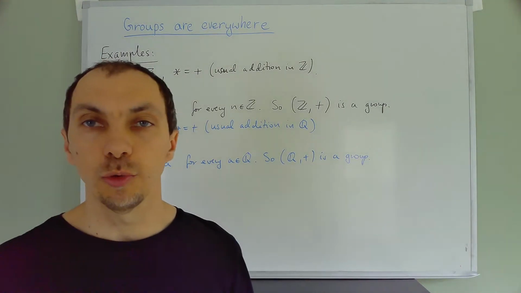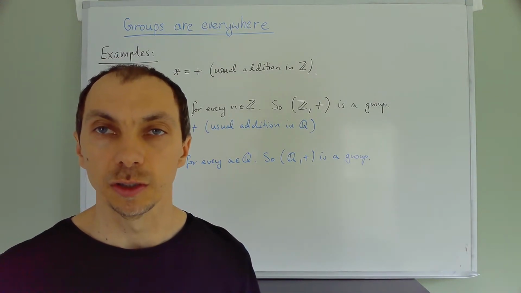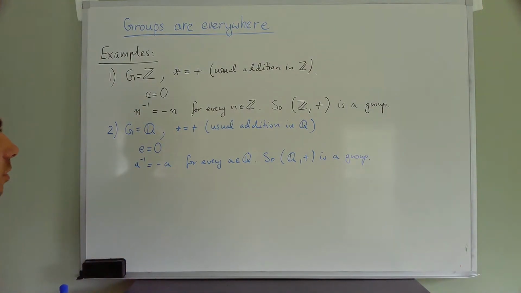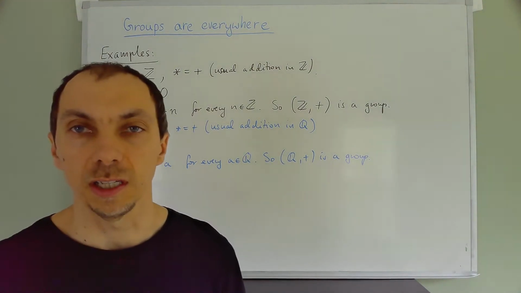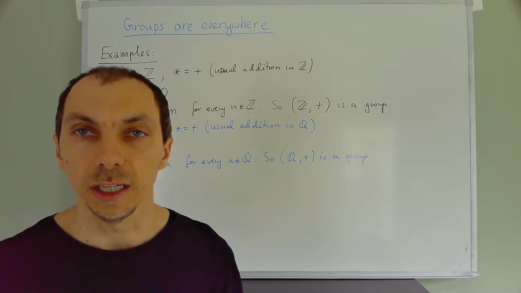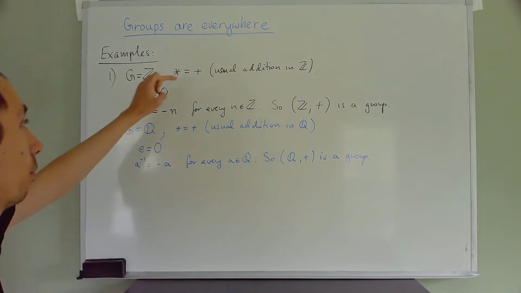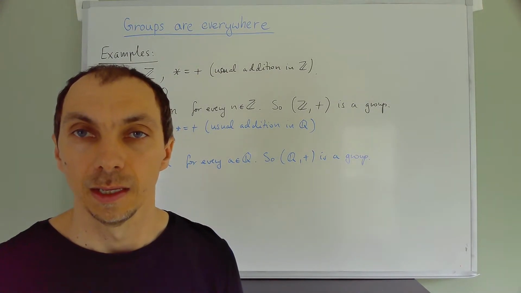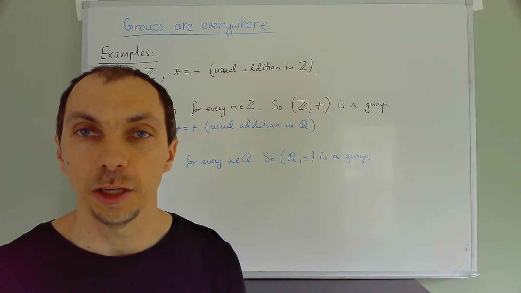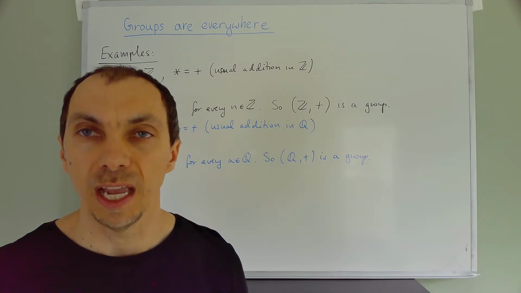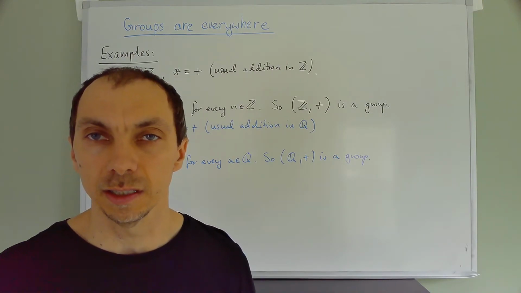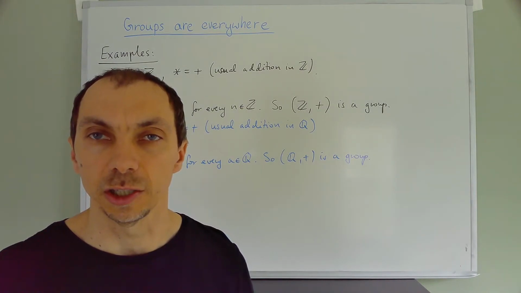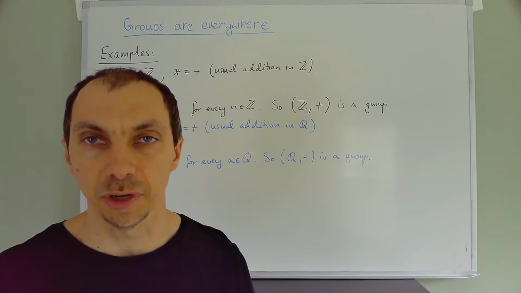Note that I'm completely ignoring multiplication in those rings. But if you look at these two examples, then you see there's nothing specific I'm using about Z or Q. Really, what I am using here is the operation addition, which exists in every ring. Then I'm saying that the operation has to be associative, as addition in every ring is. Then I'm saying the identity is the 0 for that addition. That also exists in every ring.